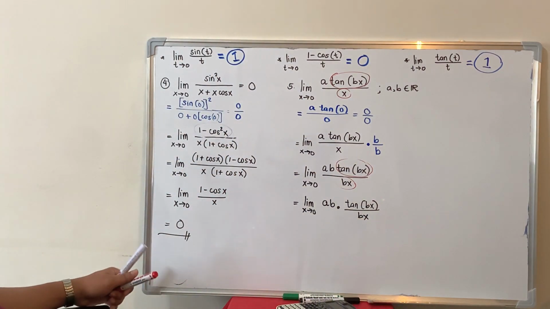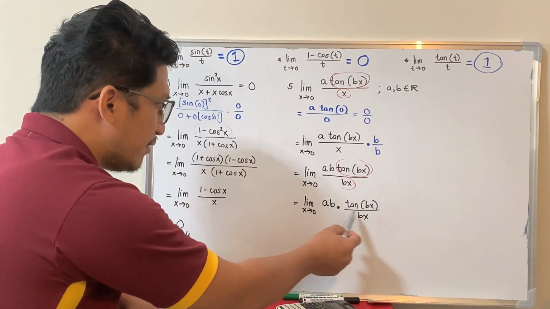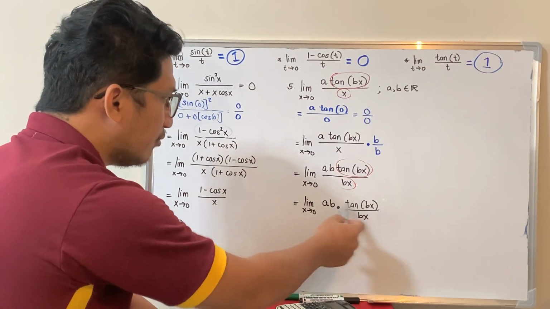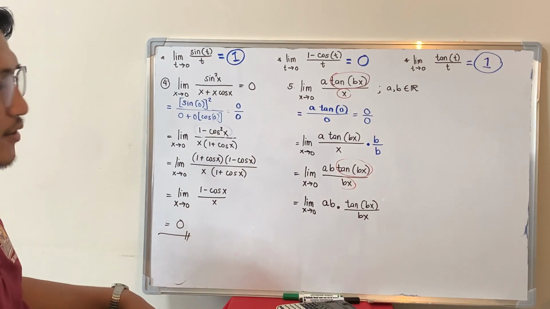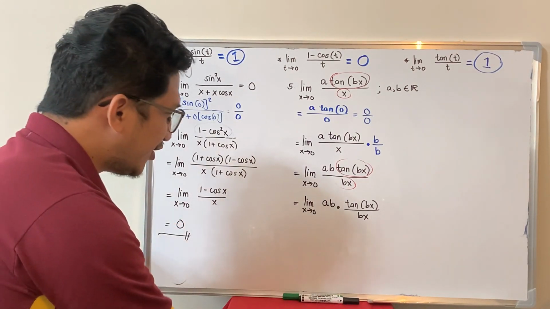If I multiply by ab and then multiply it back, I'm not changing anything. It's the rule: do not change the given.